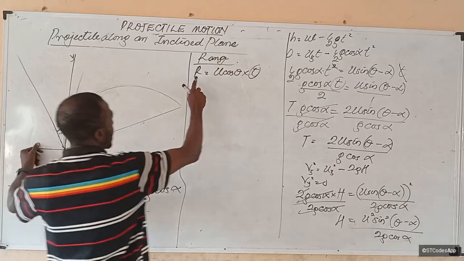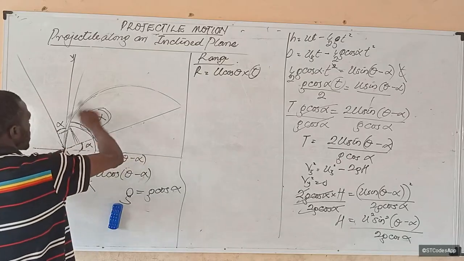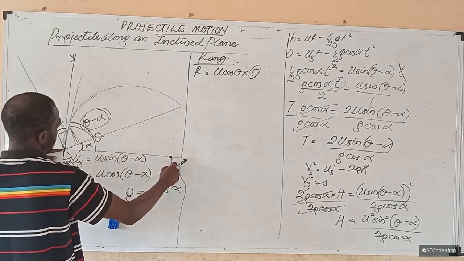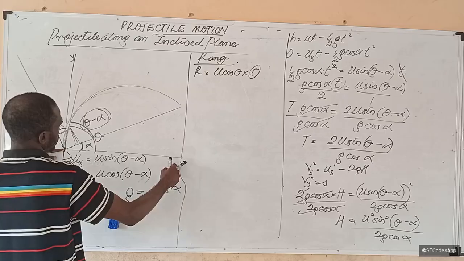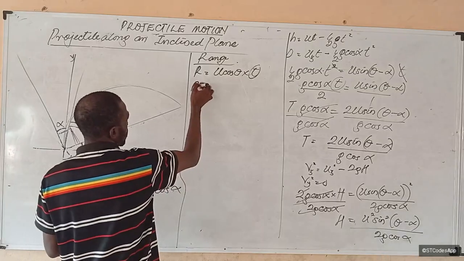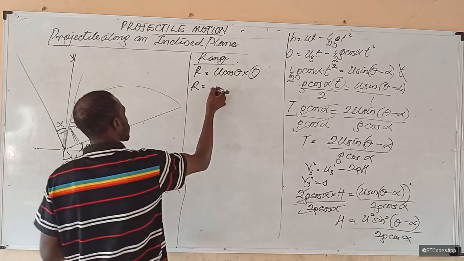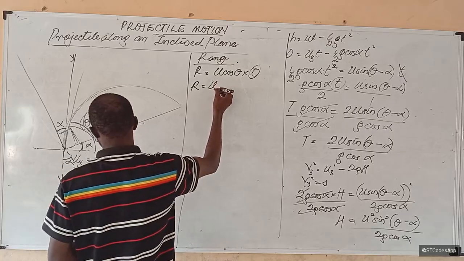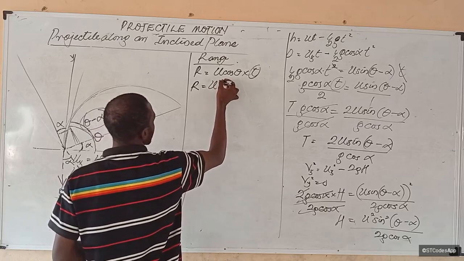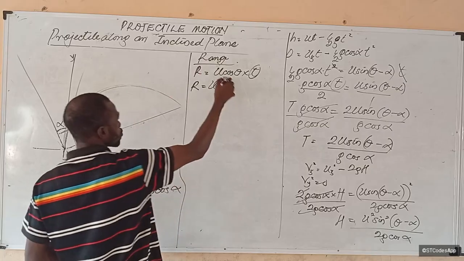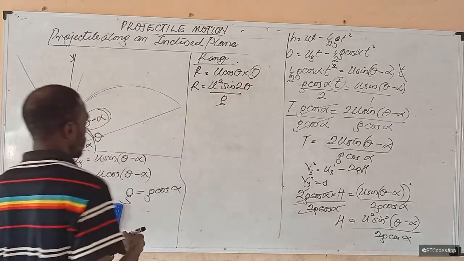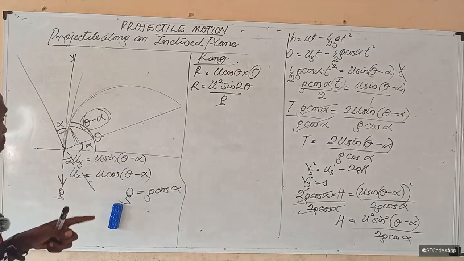You know that R is the range from here down, right? The formula we got, R equals u squared sine 2 theta over g. That's the formula for range normally, right?